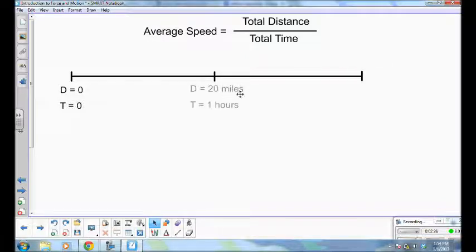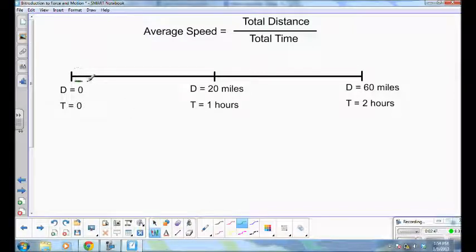You're going to be traveling along in your little car. And after the first hour, you've traveled a distance of 20 miles. And you're going to keep traveling along for another hour. And by then, your distance will be 60 miles. Well, what we can do is calculate the average speed for the different legs of your journey.